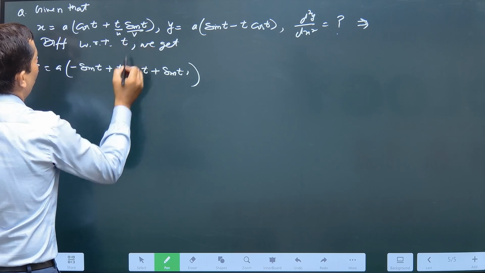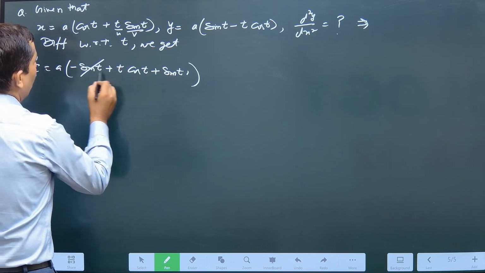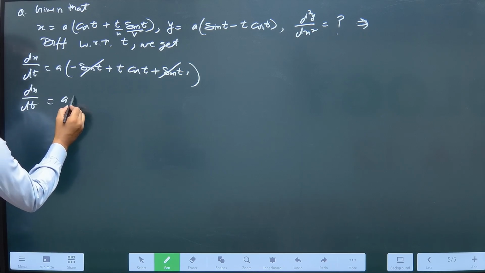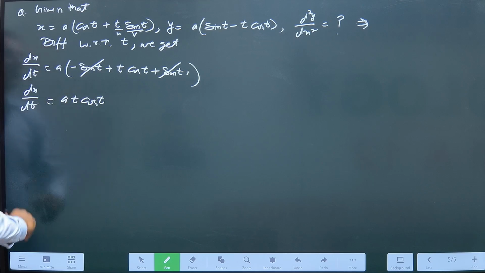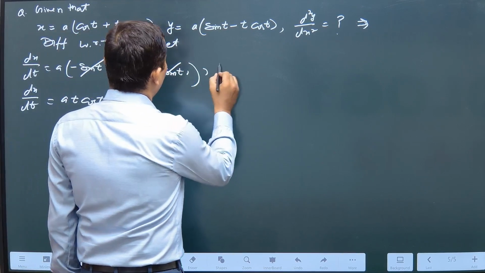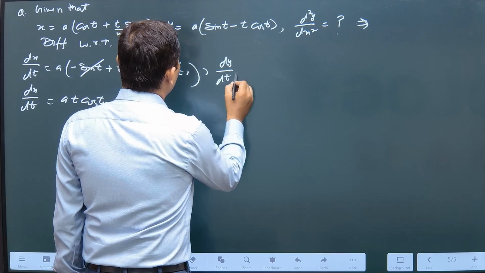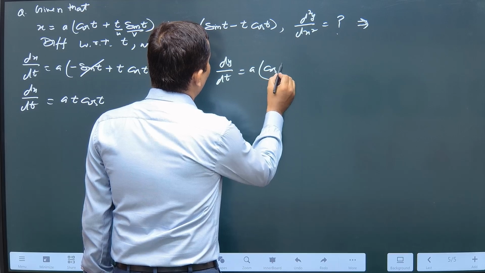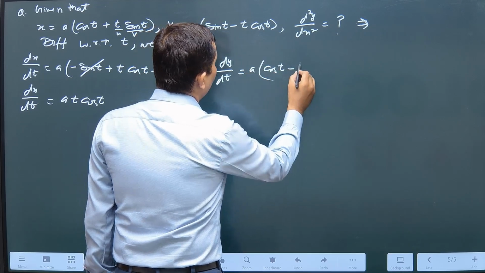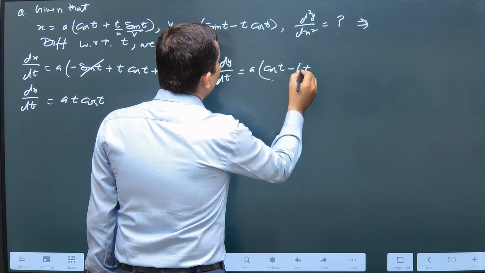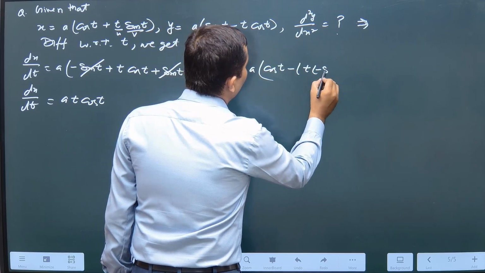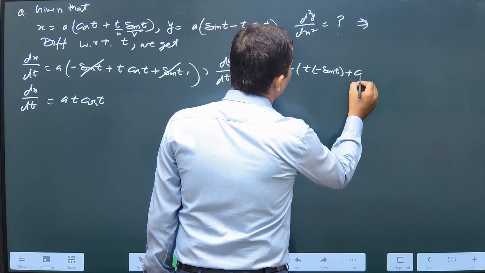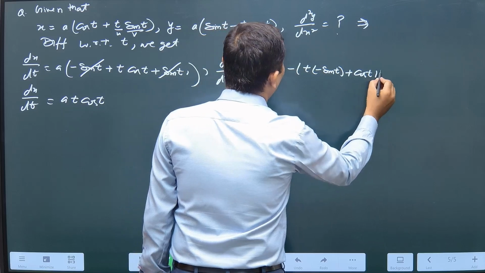This is u, this is v. Sin t minus sin t, this cancels. So your dx upon dt is equal to at cos t. dy upon dt is equal to a, sin t, derivative of cos t minus sin t, plus cos t, derivative of t, 1, and bracket off.